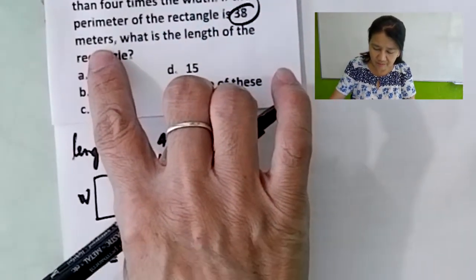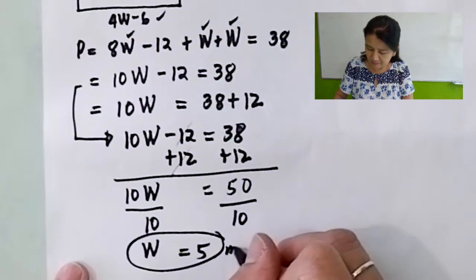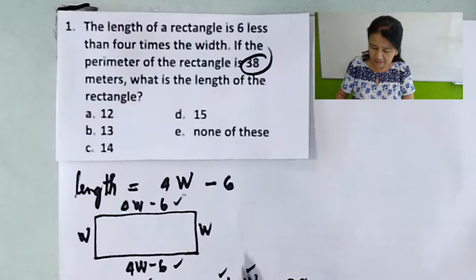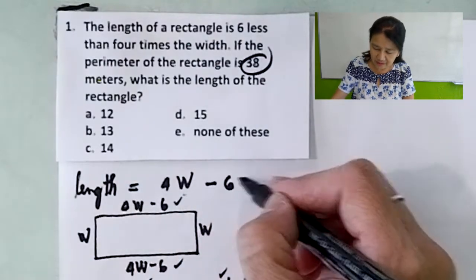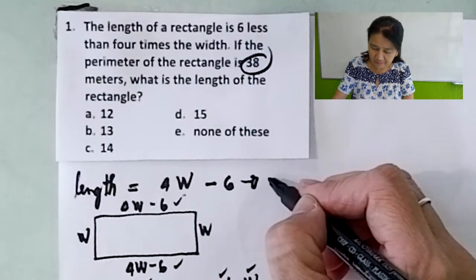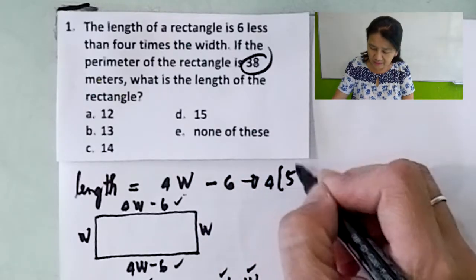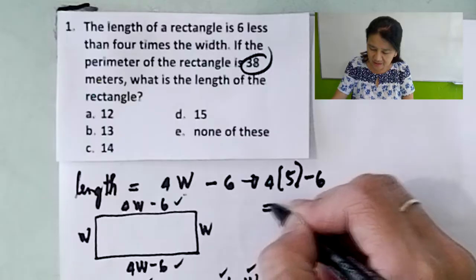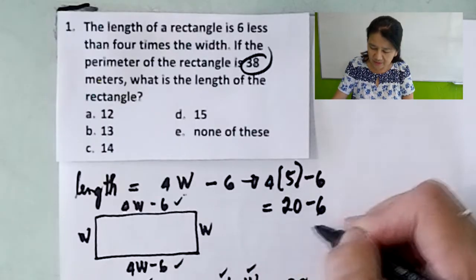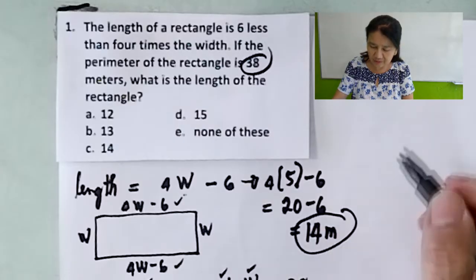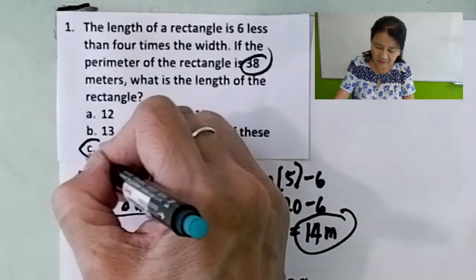It's meters in perimeter, so 5 meters. The question is, what is the length of the rectangle? The length, remember, is 4W minus 6. Therefore, 4 times 5 minus 6 is 20 minus 6, that is 14. So 14 meters. The correct answer is 14, letter C.